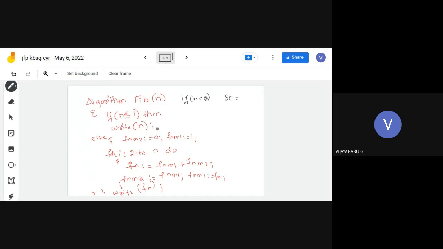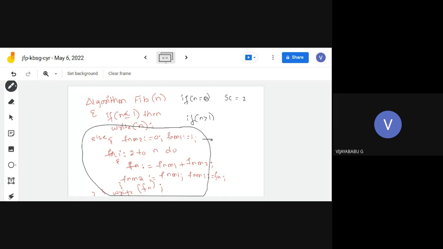There is the comparison condition followed by displaying the value. So there are two things that we have to consider. And if we consider n greater than 1, then the remaining part is what we consider now.